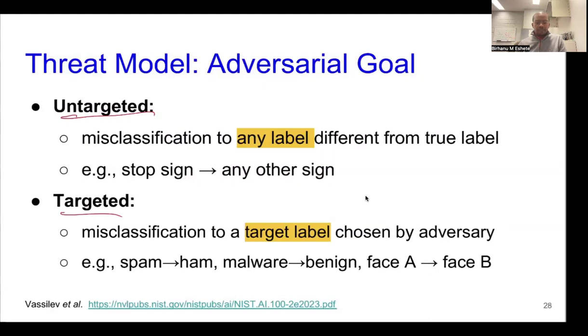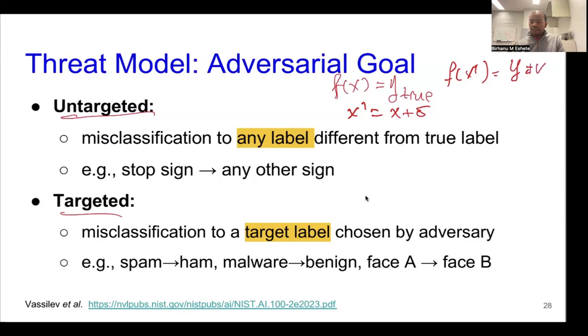So looking at the adversarial goal, we can broadly classify adversarial examples as untargeted and targeted. In the case of untargeted adversarial examples, the goal is to result in misclassification to any label different from the true label. So basically, if f of x is classified to some label y true, then in the case of untargeted, when we generate x prime as x plus delta as the perturbation, we want to have f of x prime as y, which is different from the original y true.